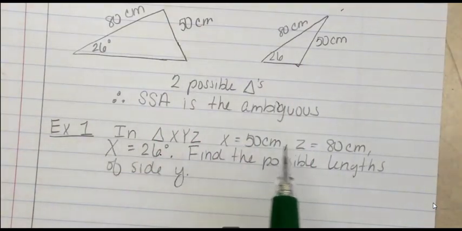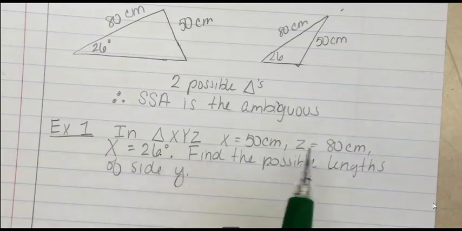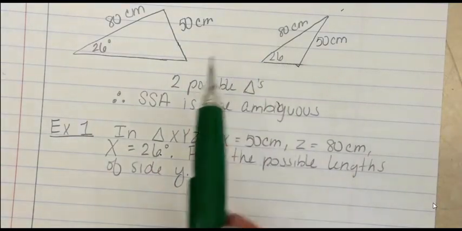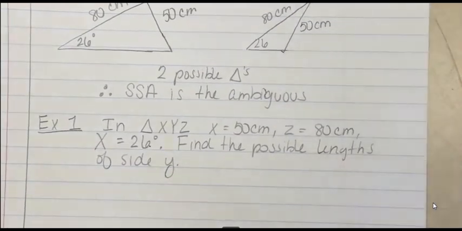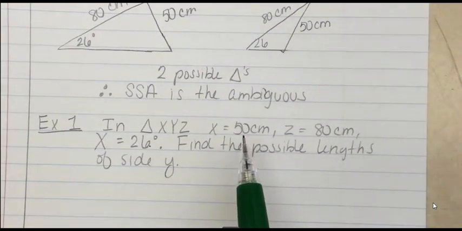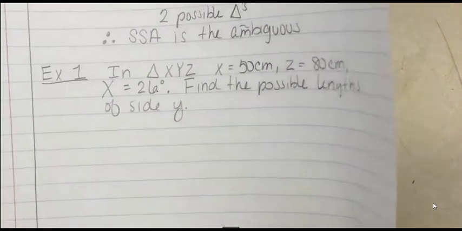This was only the information that was given to me, though. If you're just given this information with no pictures, you have to ask yourself, what kind of information are you given? And I should say to myself right away, and I would probably draw a picture first, but I have two sides and an angle. Let's make sure that this isn't the SSA case, or the ASS backwards case.